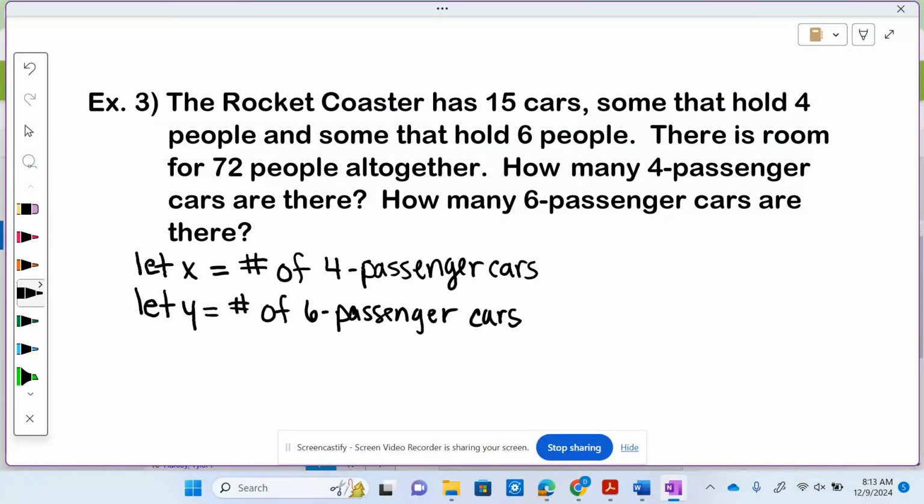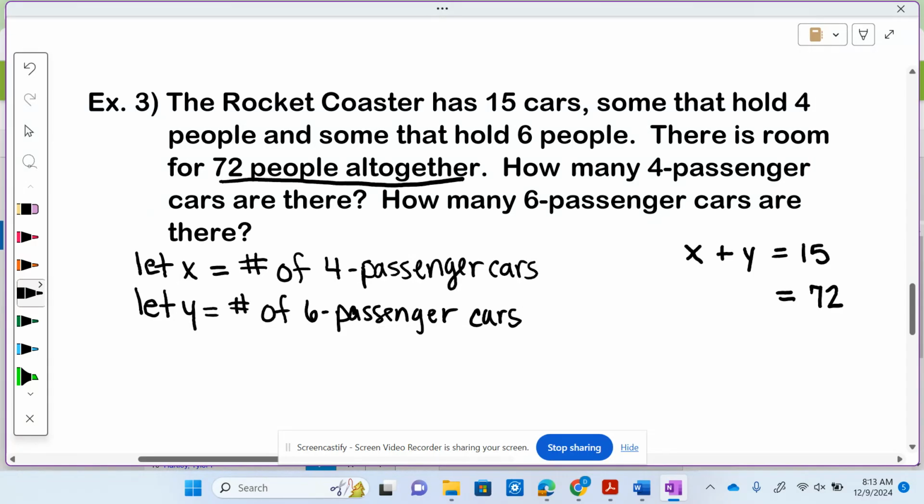Our first equation is just x plus y equals 15, because x is the number of 4-passenger cars. So however many 4-passenger cars we have plus however many 6-passenger cars we have is equal to 15. It's that second one that's kind of tricky, and it has to do with the number of people, because there is room for 72 people altogether. So whatever our next equation is has to do with the number of people.